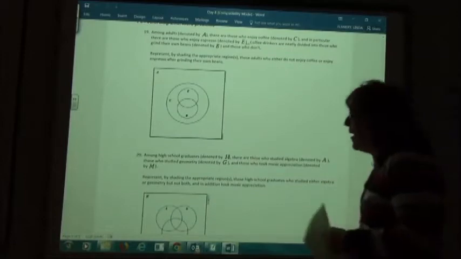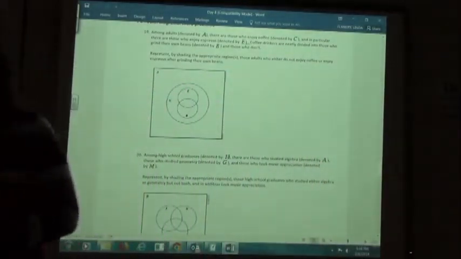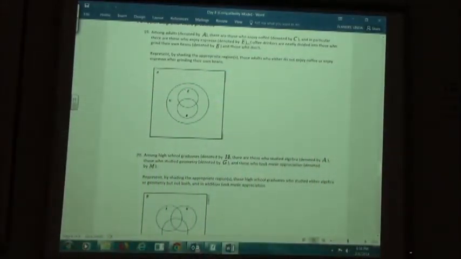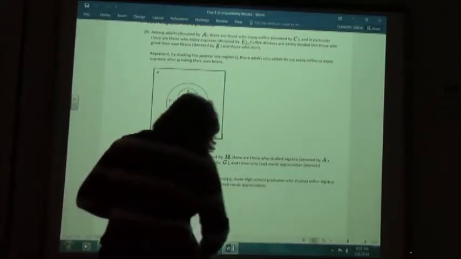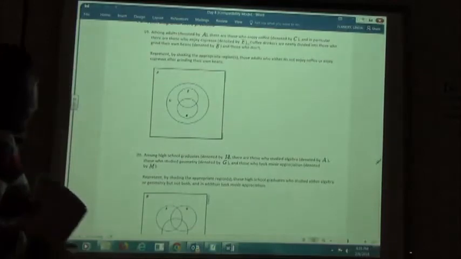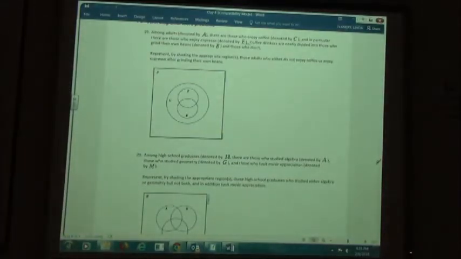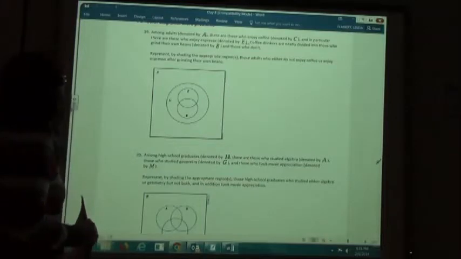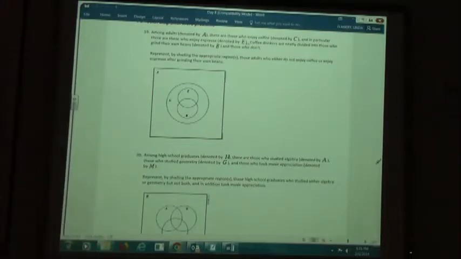So now we've got more circles within circles with all over the place craziness. It says, among adults denoted by A, there are those who enjoy coffee, the C's, and in particular those who enjoy espresso, which is the E. Coffee drinkers are neatly divided into those who grind their own beans, denoted by B, and those who don't.